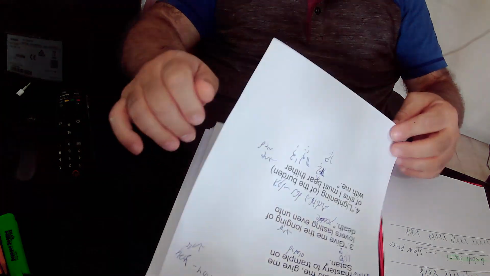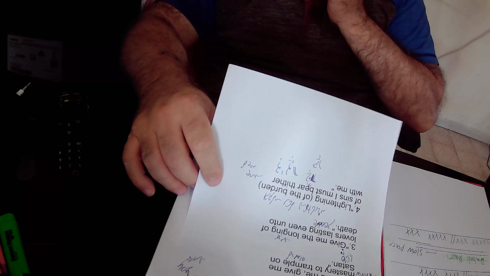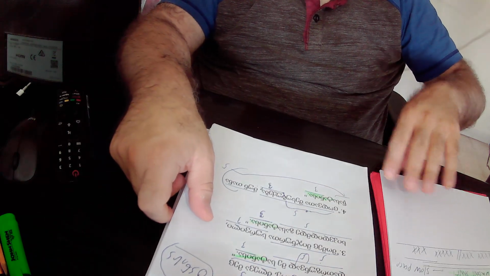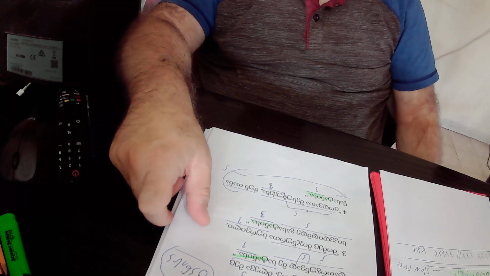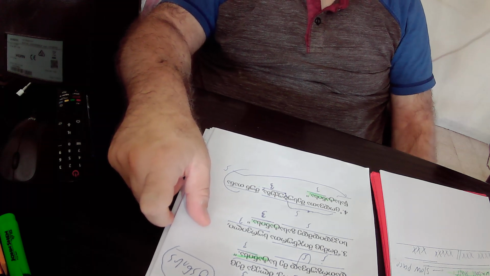So, as I already mentioned before, because stanza number 2 is part of the prologue, and the prologue is something that you don't have to write in the poem, it is an addition to the poem.